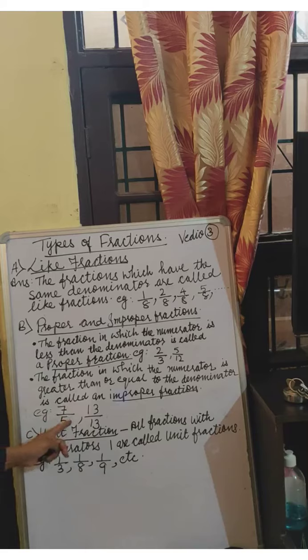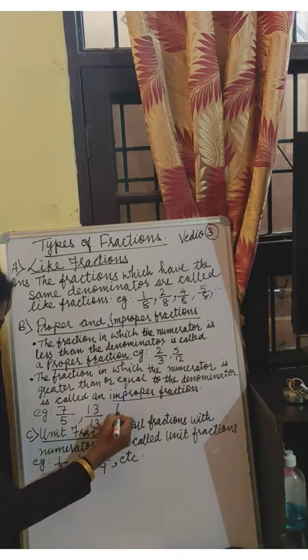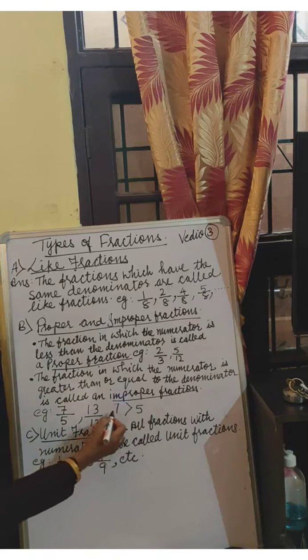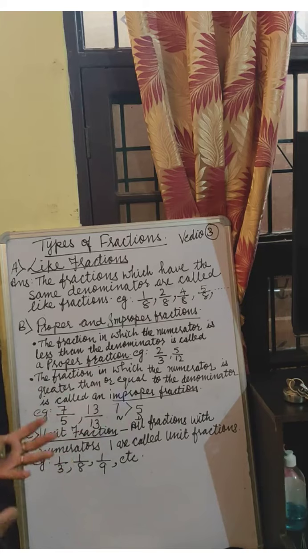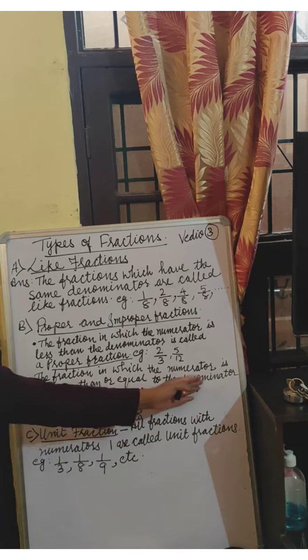Example 7 upon 5. Here 7 is greater than 5. Or both may be equal, like 13 upon 13. Numerator and denominator are equal. Such fractions are called improper fractions.